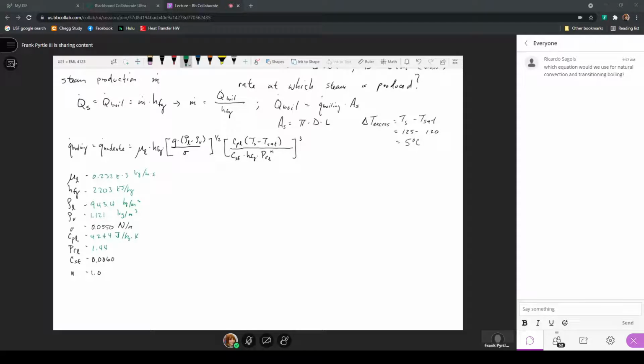So now we have all these properties that are assessed, and I'm going to just substitute them in for this first expression here. Then the nucleate pool boiling heat flux is this dynamic viscosity. It's already in basic units, so this is 0.232 times 10 to the minus 3. Let me write that again.